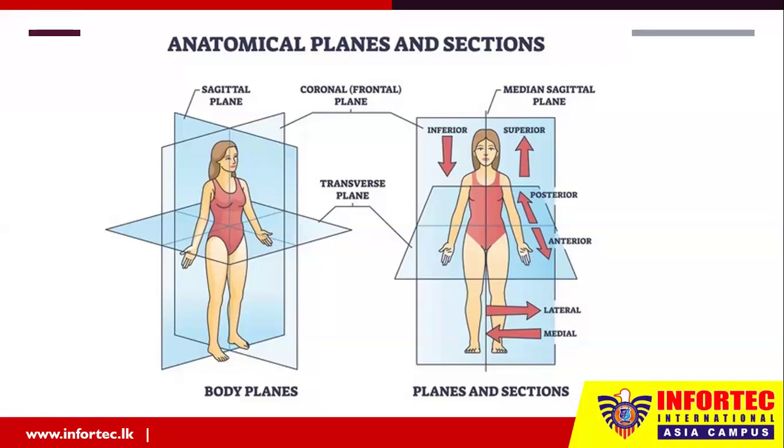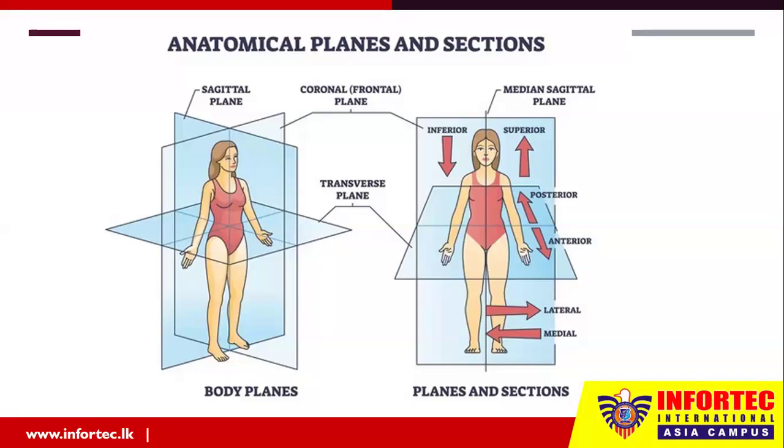Then we discussed different directional terms used in the anatomical position: anterior, posterior, superior, inferior, medial, lateral, proximal, distal, superficial, and deep, right? So now we are going to discuss different anatomical planes and sections.